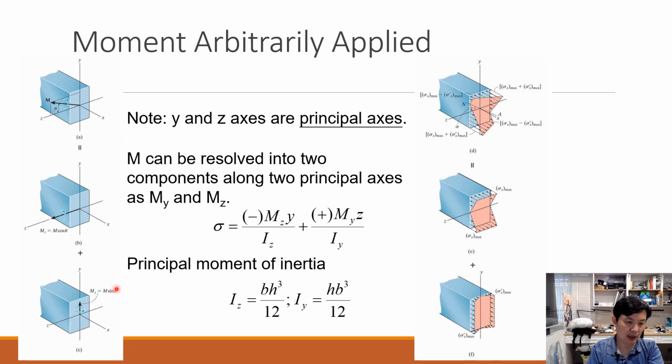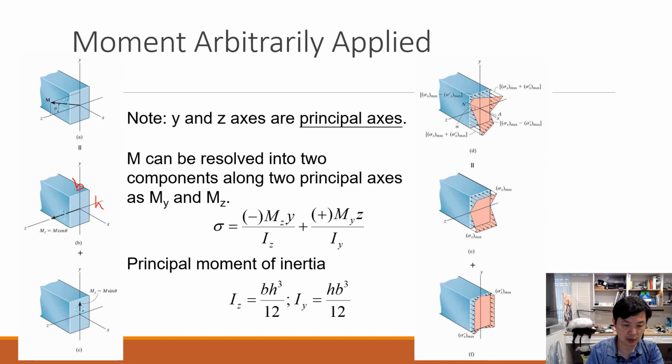And then, because each moment corresponds to a different axis as its arm, so y and z for each case, and Iz and Iy are not the same. The definition of Iz, because the moment direction is here, so we get b h cubed. b is this width, b. Let me mention this correctly. And this is h.